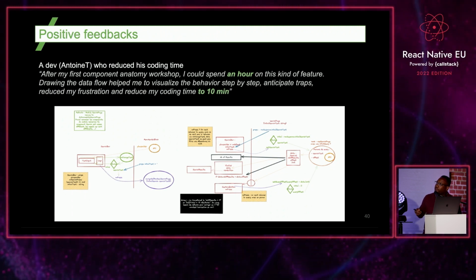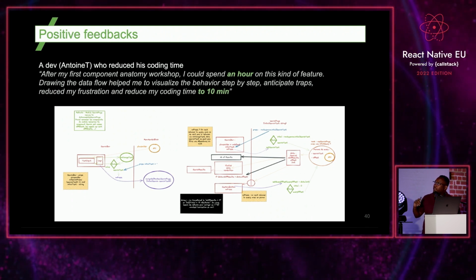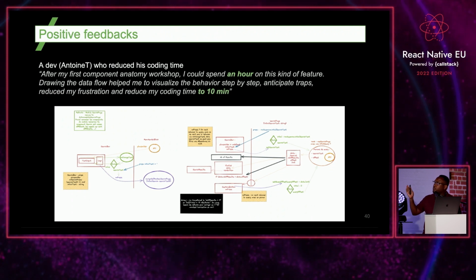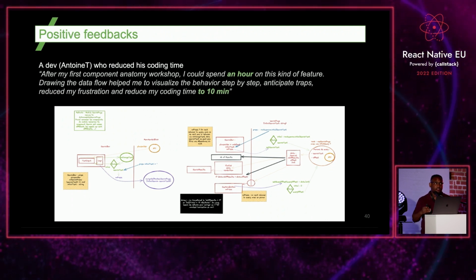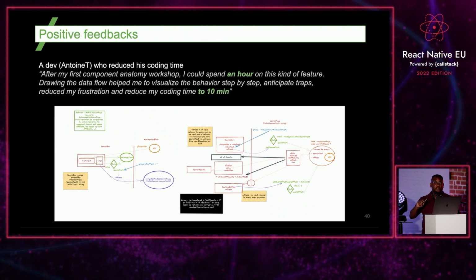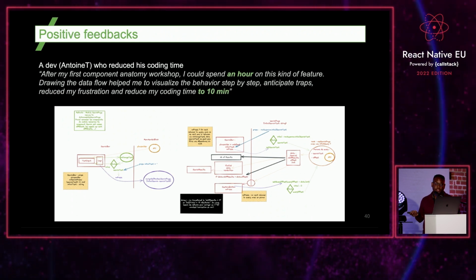So I received feedback from many people, and Antoine T, a developer at BAM, told me that he was able to reduce his coding time from 1 hour to 10 minutes, because he took the time to draw the complexity of the component, and after that it was really easy.